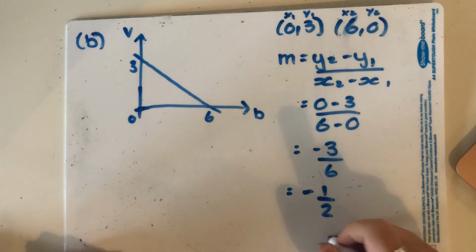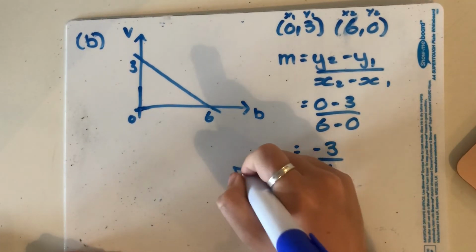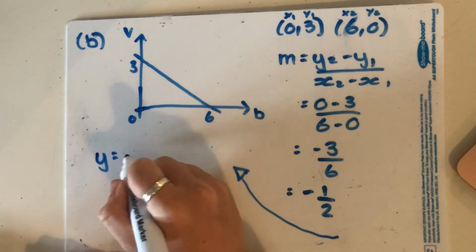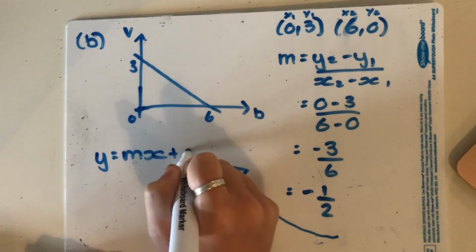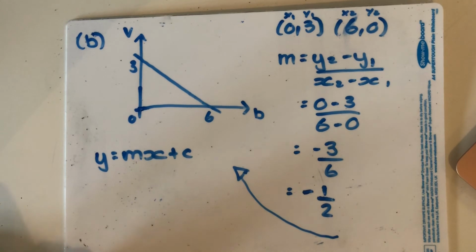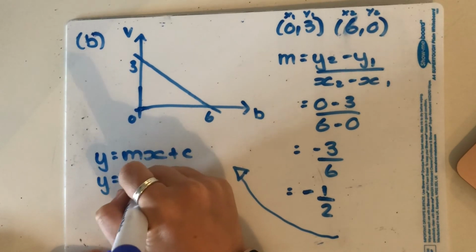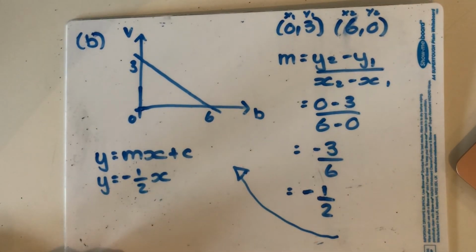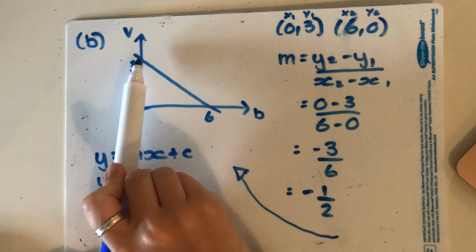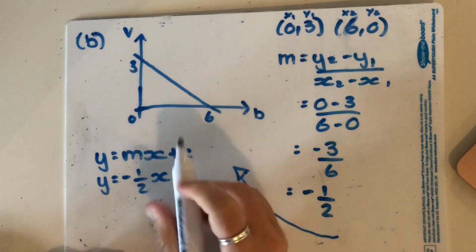So just carrying on up here. y is equal to mx plus c is your equation of a straight line. We know the gradient's negative a half, so we can write down y is equal to negative a half x plus, and then it's cutting your y-axis at 3.